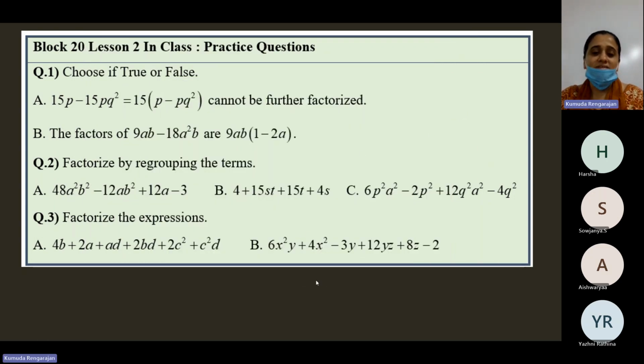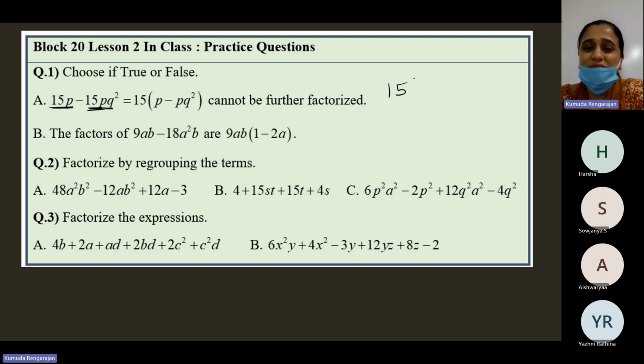Okay, the correct answer is false. It's false because you can factorize it further. What is the HCF of 15P and 15PQ square? The HCF of 15P and 15PQ square is 15P. I think you got it right? Got it now?